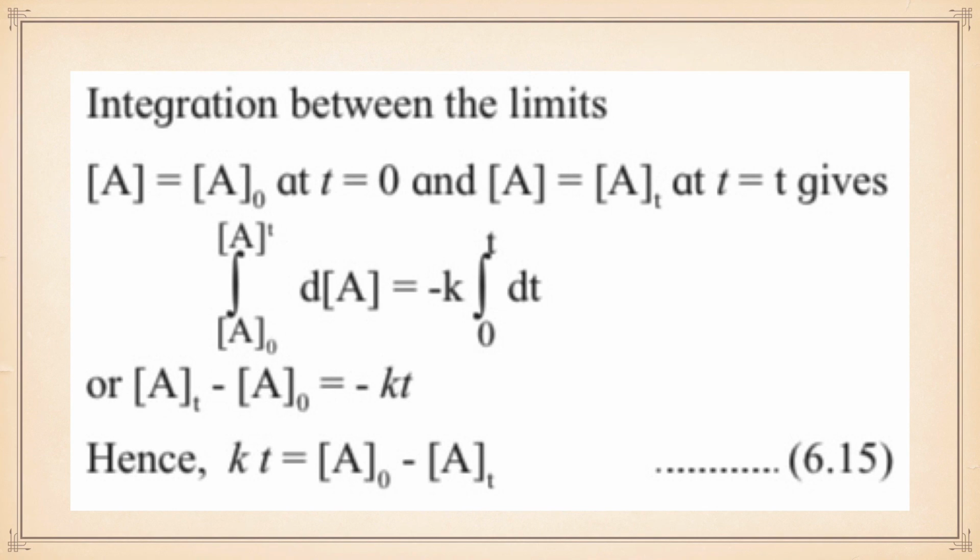So it will be [A]t minus [A] naught, that is equal to minus kt. So the final equation for a zero order reaction will be kt is equal to initial concentration minus final concentration, or I can also write it as k is equal to initial concentration minus final concentration upon t.